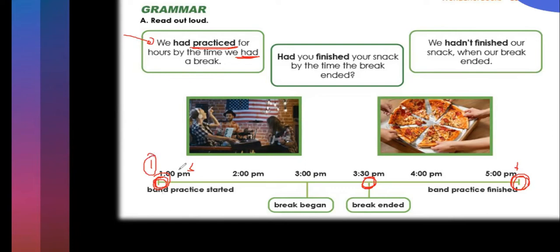So, for example, here, we had practice for 5 hours by the time I meet you here. Maybe this person meets another person. So once again, two actions that happened in the past, but the first one is going to be in past perfect.